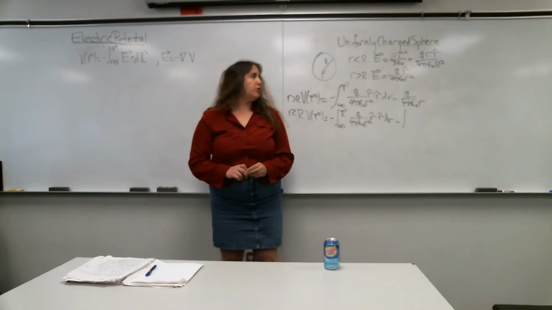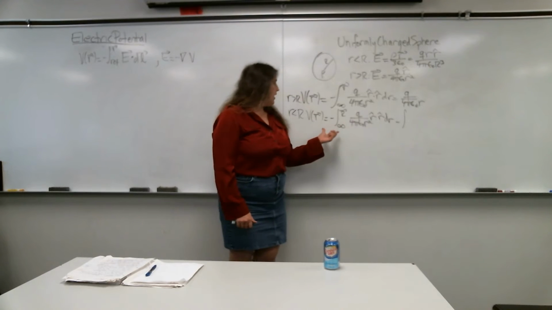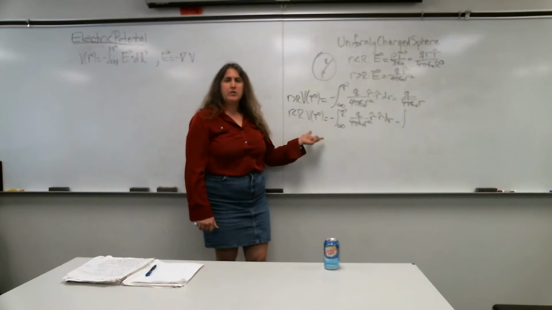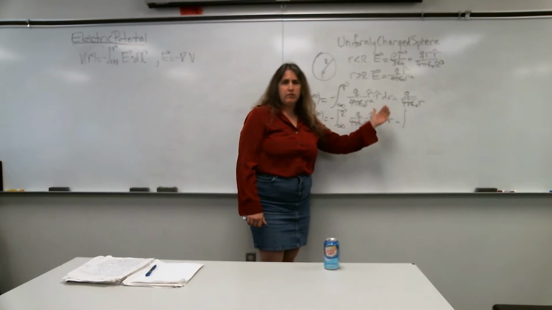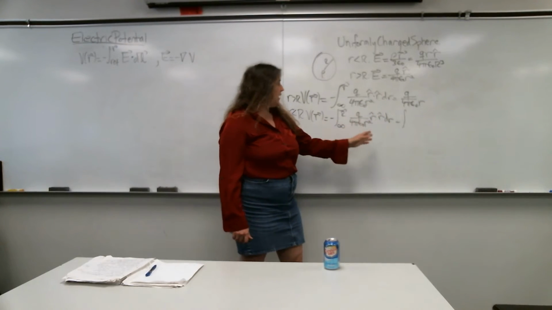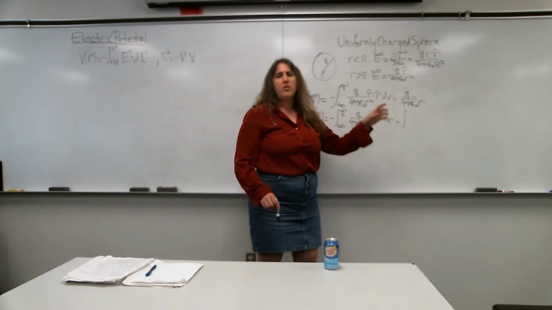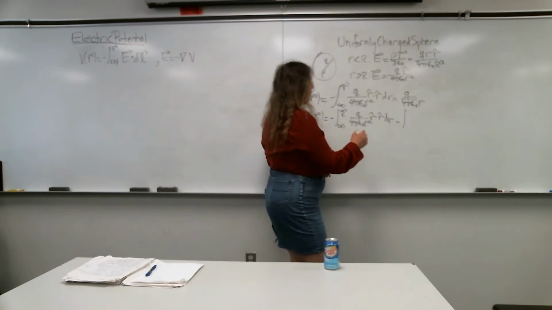Let's continue with our uniformly charged sphere problem. Our potential in the interior region is calculated as the integral from the reference point to the surface of the sphere, the radius r, and also the contribution from the interior part of the sphere.